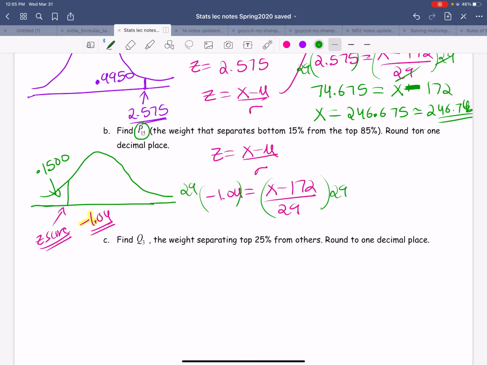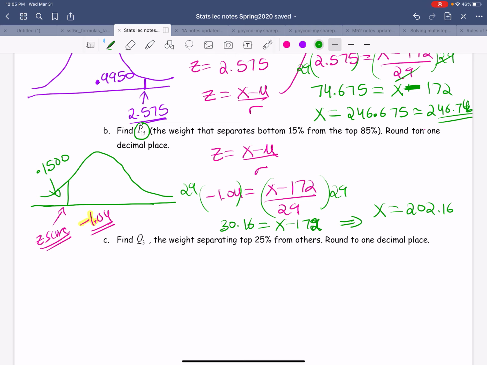So 29 times 1.04 turns out to be 30.16. x minus 172. Okay, from here x turns out to be 172 plus 30.16. That is going to be 202.16.